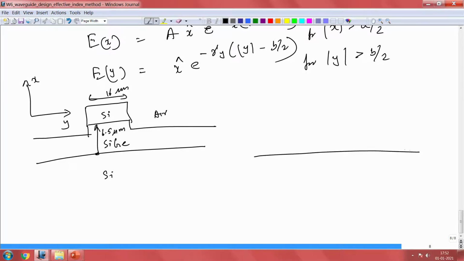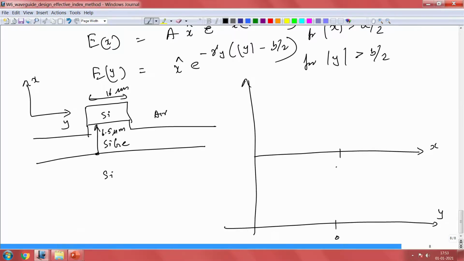So, if we put all the numbers in, right, you will get two plots, one is along x and one is along y, right. So, this is 0, your mode is going to be inside the silicon germanium. So, that has the higher refractive index, right.